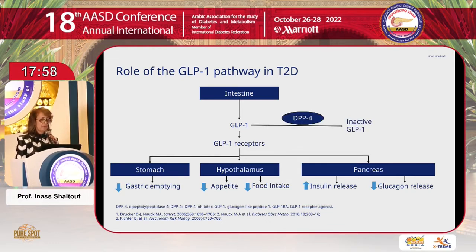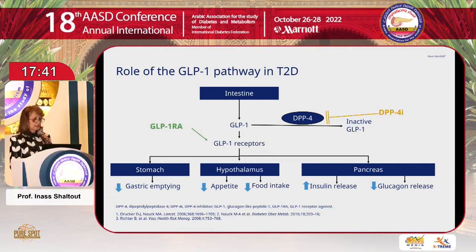If we give an exogenous GLP-1, or if we prevent the degradation by a DPP-4 inhibitor, and this is the exogenous introduction of a GLP-1 receptor agonist, we're going to have available GLP-1 receptor agonist in our body.